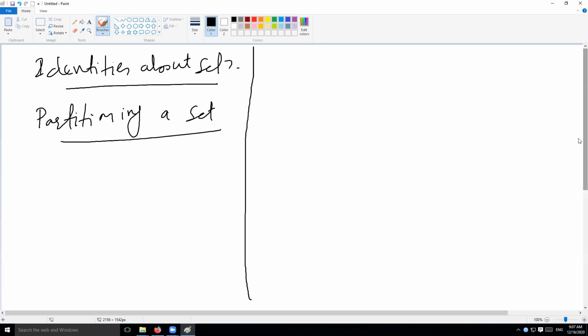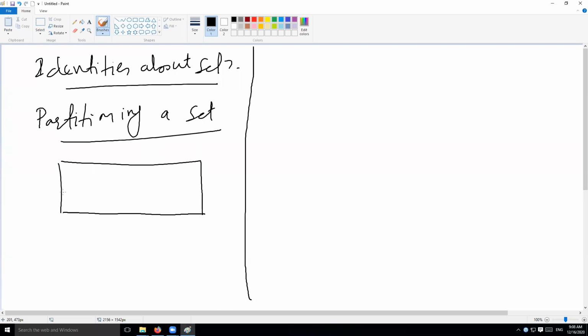So one thing is that making the parts is obviously an important thing. If you have been given a place or a set or an object and you want to partition it, making a part is important. But making only parts is not enough.